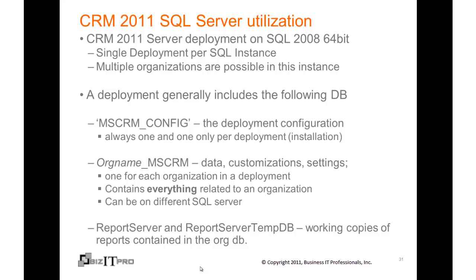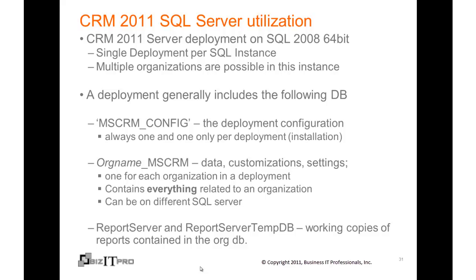A deployment of CRM generally includes the following databases in SQL. First of all, the MS CRM_config database is the deployment configuration, and there is always one and only one of these databases per deployment or installation of CRM. The orgname_MS CRM database will exist for each organization in a deployment. It contains the organization's data, customizations, and settings.